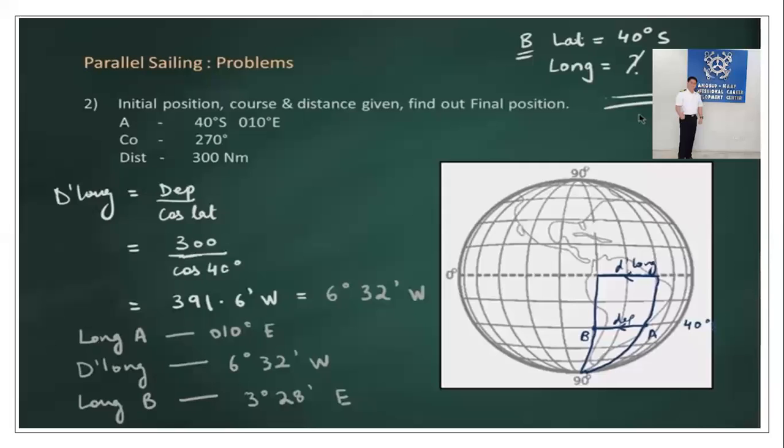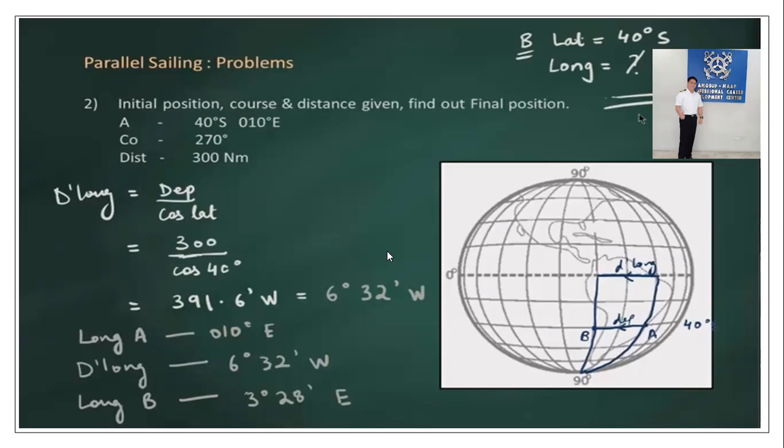Then press 6.53, sir. Yes. Then press the degrees, minutes, and seconds, which is 6 degrees, 31 minutes, 36 seconds, or just round it off: 6 degrees, 32 minutes west.